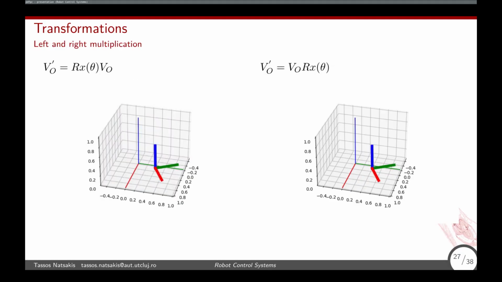Okay, so here we see both of these combined. I have a V0 somewhere arbitrarily oriented, and if I multiply from the left, it does a rotation around X, it does this motion. If I multiply from the right, it rotates along its own axis, what we saw here as well.